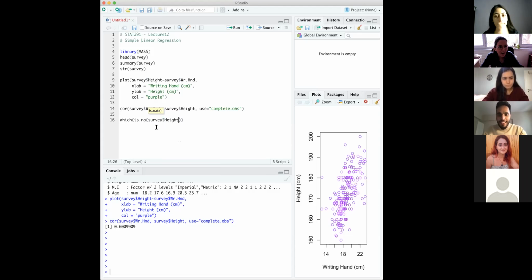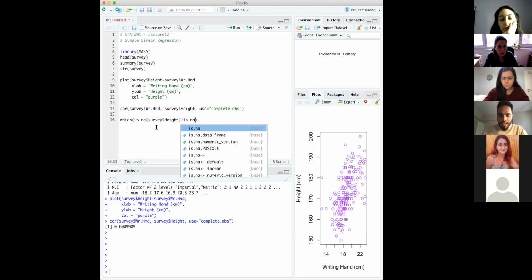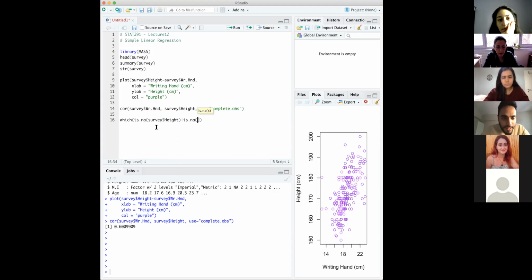Yes, and when we add OR, because we are using two variables in here and it's looking for the pairs, that's why I have to use OR. And maybe I should give it a name like incomplete observations.